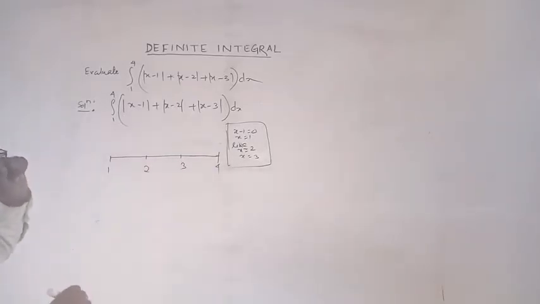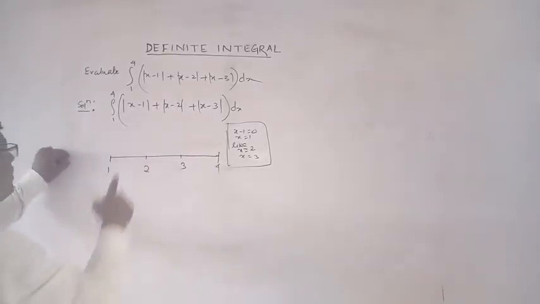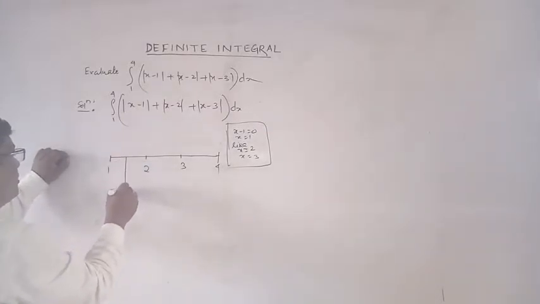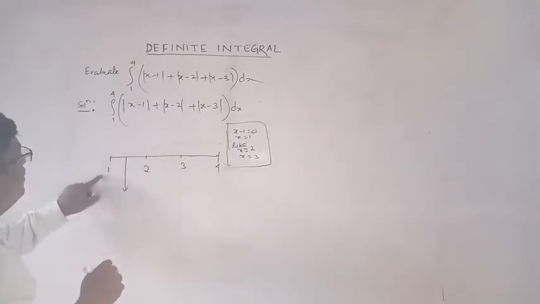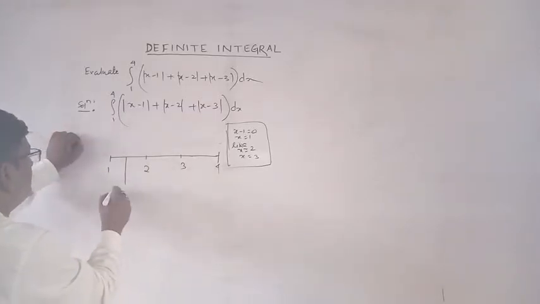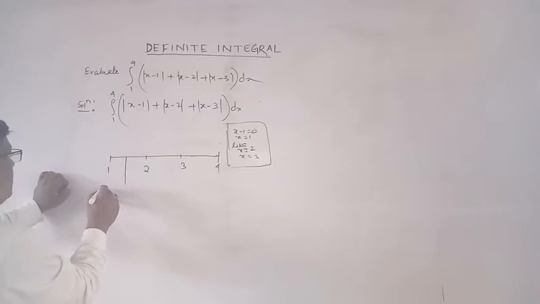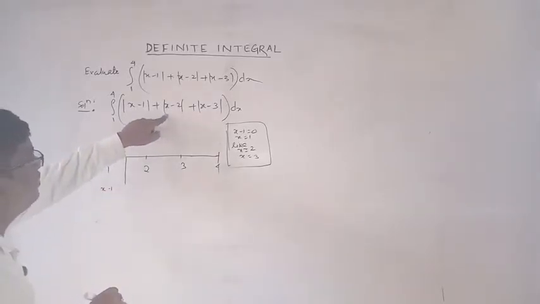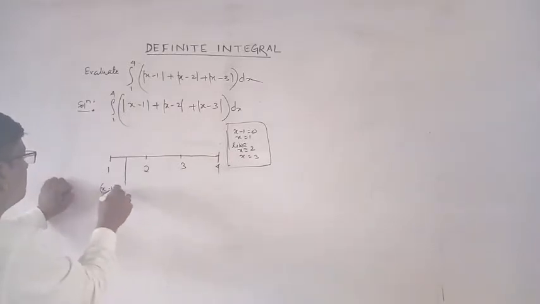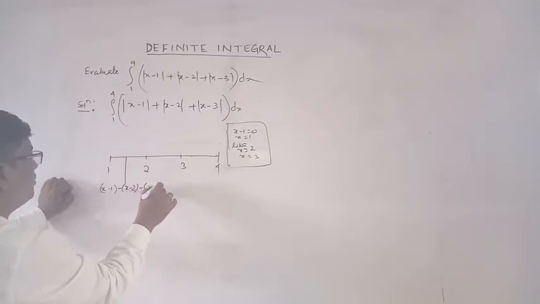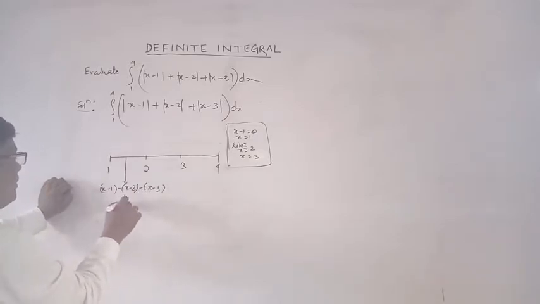Now take f(x) in each region. For 1 to 2, x − 1 is positive, x − 2 is negative so it becomes minus of (x − 2), and x − 3 becomes minus of (x − 3). So in this interval, what happens?